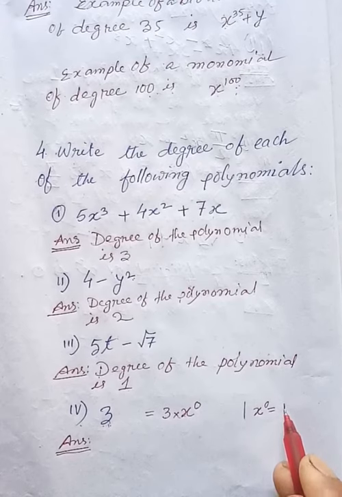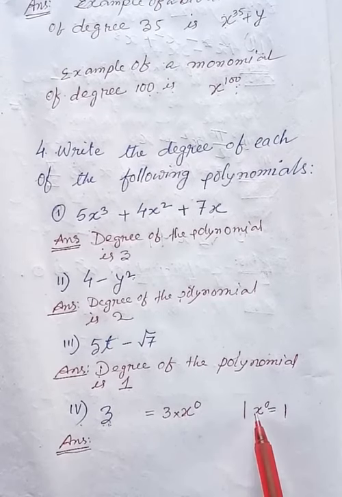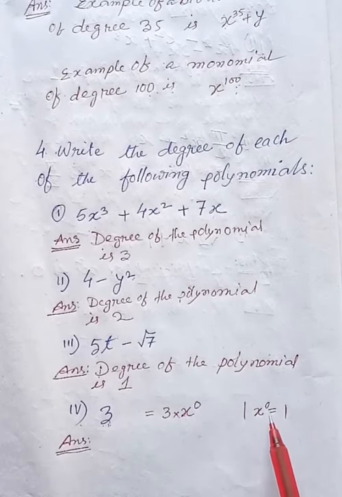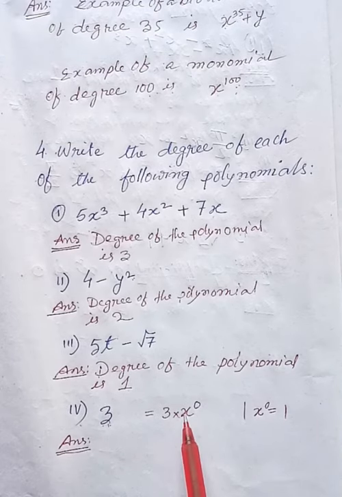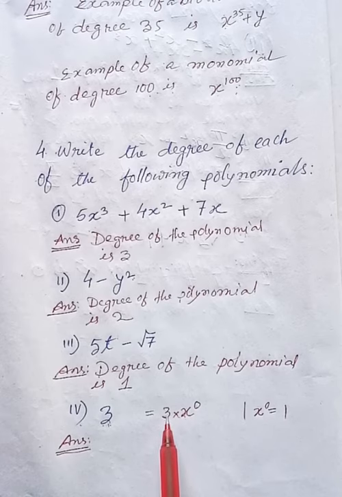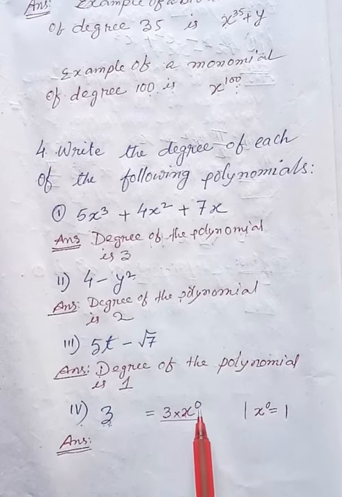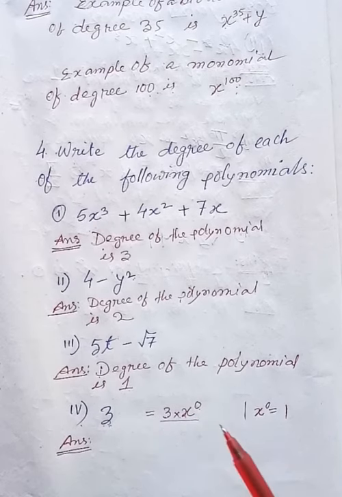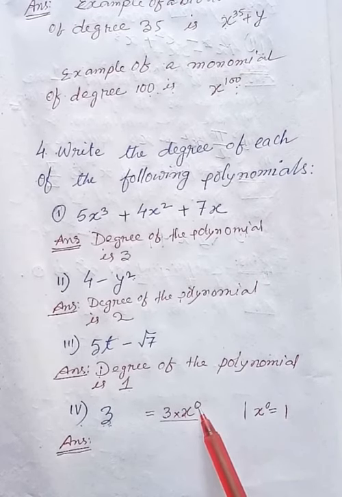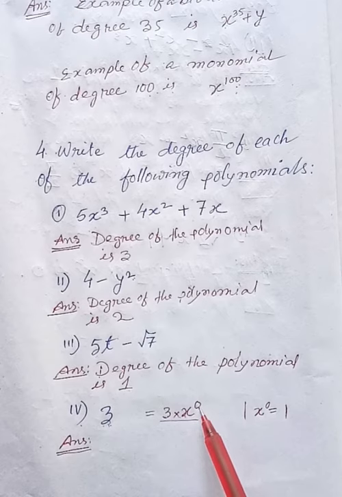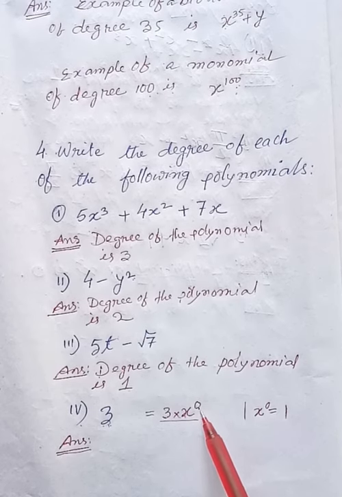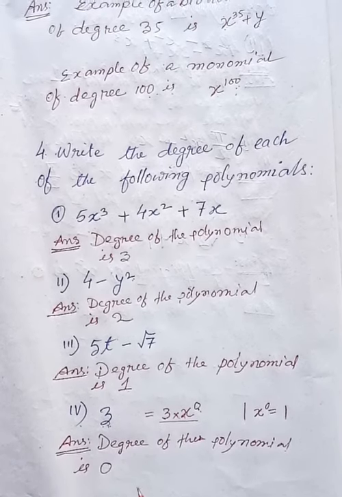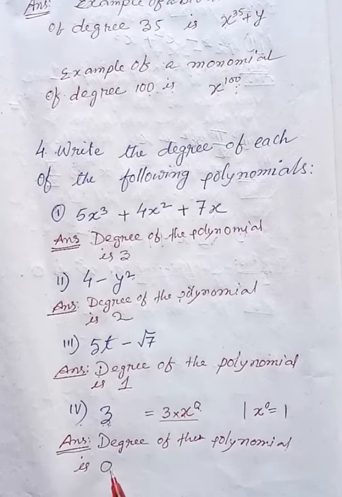You already have this law of exponents, a to the power 0 equals 1, or x to the power 0 equals 1. So x to the power 0 is the same as 1, and 1 into 3 is 3. So 3 can be rewritten as 3x to the power 0. So the power of the variable is considered as 0. This is the highest power of the variable, this is the degree of this polynomial. So we can write the degree of the polynomial is 0.